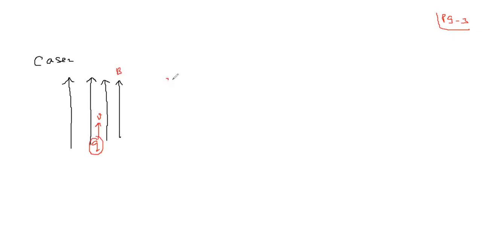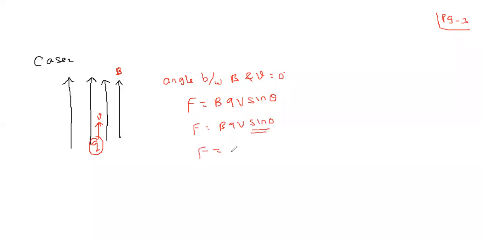So here, what is the angle between the magnetic field and velocity? 0. So force F is equal to BQV sin theta, sin 0. F is equal to BQV sin 0. Sin 0 equal to 0. F is equal to 0. So even though the charge is moving along the magnetic field, it experiences no force.